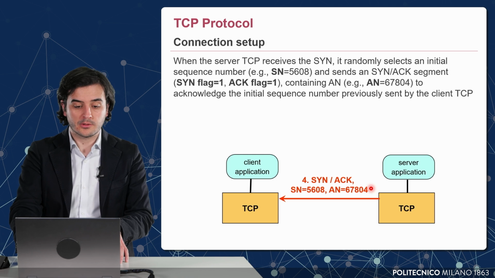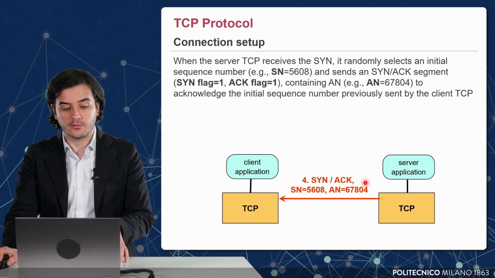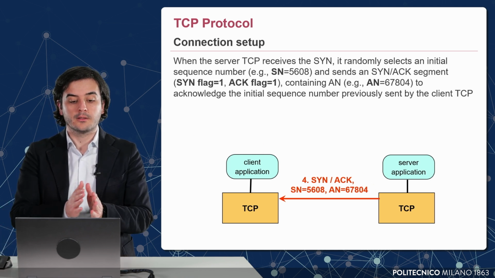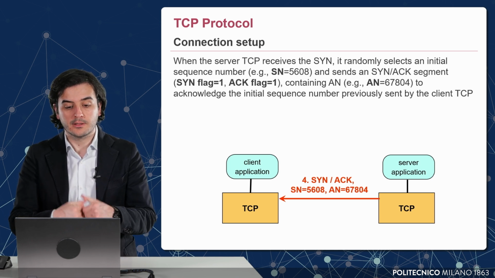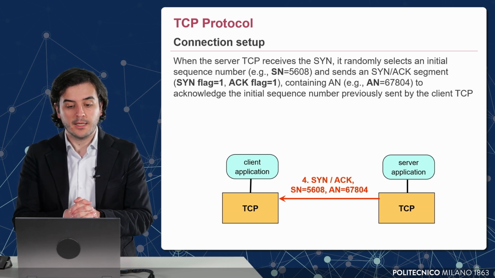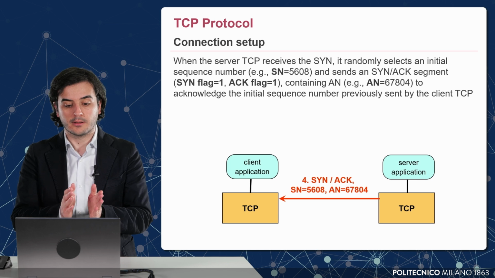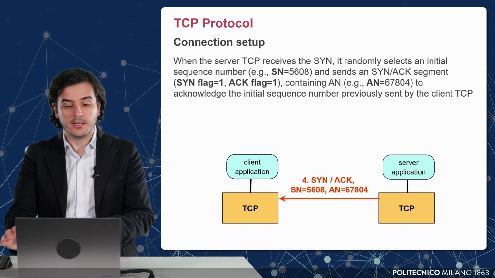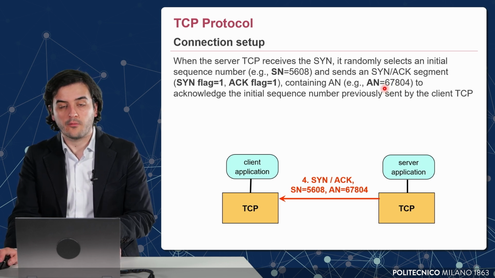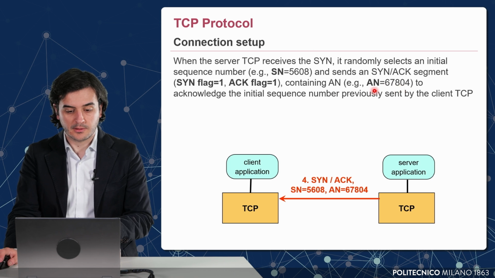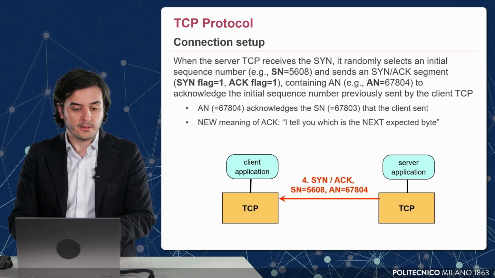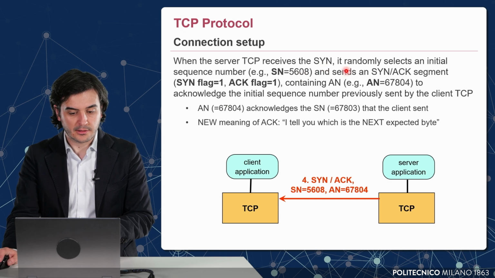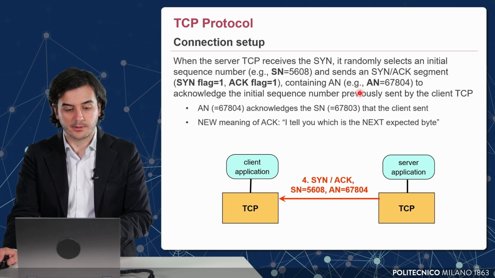As we have defined for TCP, the receiving side will send a TCP segment in which it identifies the number of the next byte that it expects to receive. So again, the AN stands for acknowledgement number.